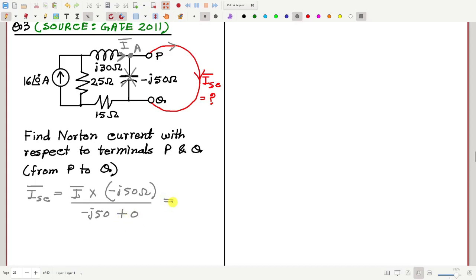So this becomes equal to I. That means ISC will be I and no current will go through the capacitor. That's why this current is ISC and we can forget the presence of the capacitor, because nothing will go through it.